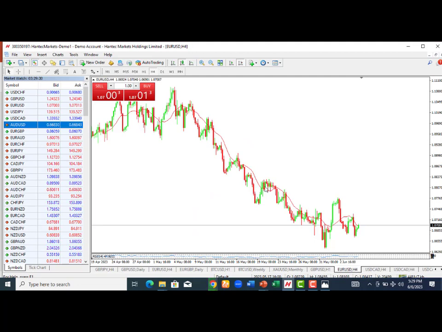So we've seen one. Now looking at this, you'll find out that this is a downtrending market. I told you, one thing is to be able to spot it on the slide, another thing is to be able to spot it on the chart. Now look here, this is a high, this is a low, this is a lower high, this is a lower low, lower high, lower low, lower high. So in a downtrending market, you take your entries in lower highs.